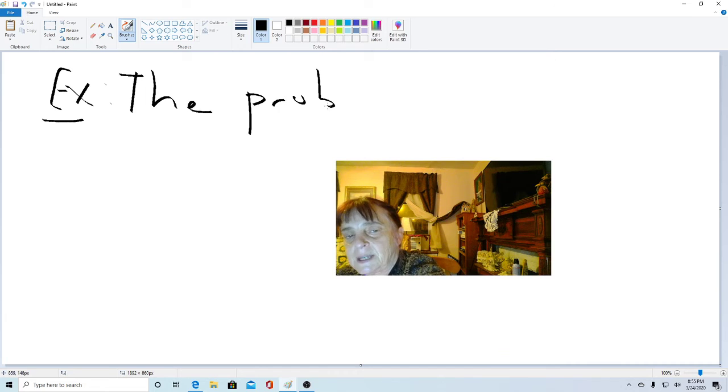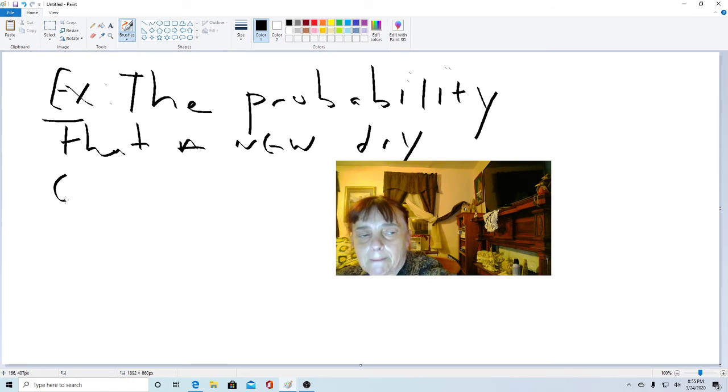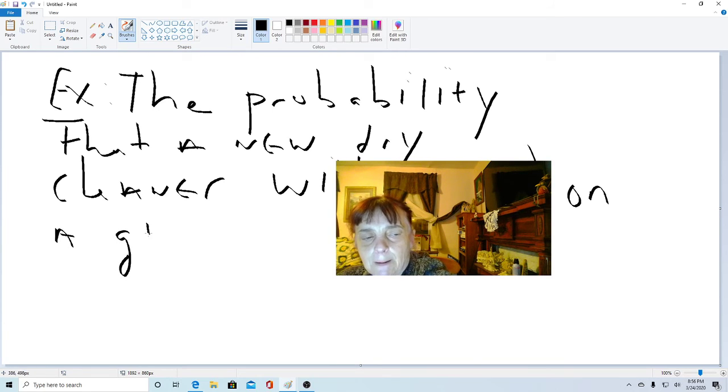The probability that a new dry cleaner will succeed on a given day is 0.85.